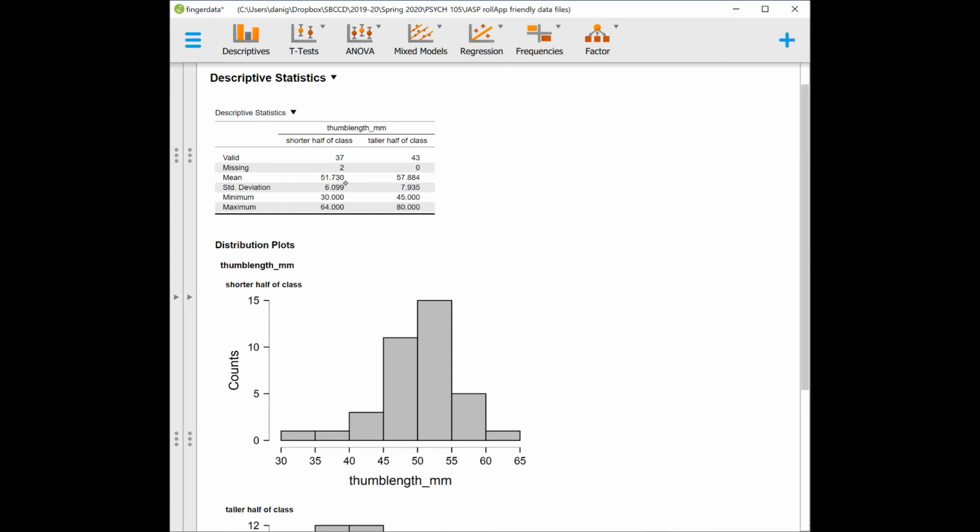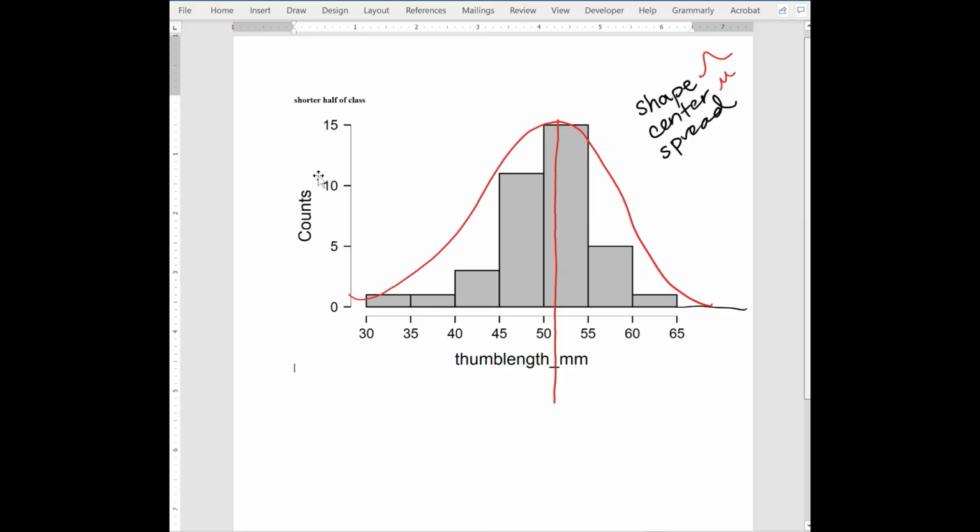So I'm going to use this as my guide, 51.73. That seems about right because I was saying it's around 51. The sample mean was 51.73. So eyeballing this, I would guess the mean is probably somewhere around 51 to 52.